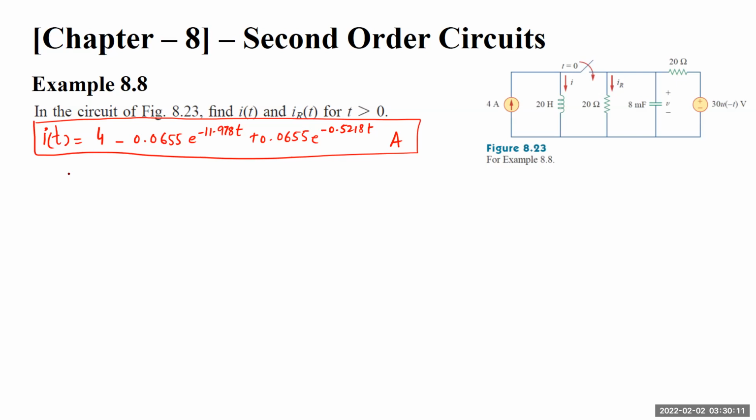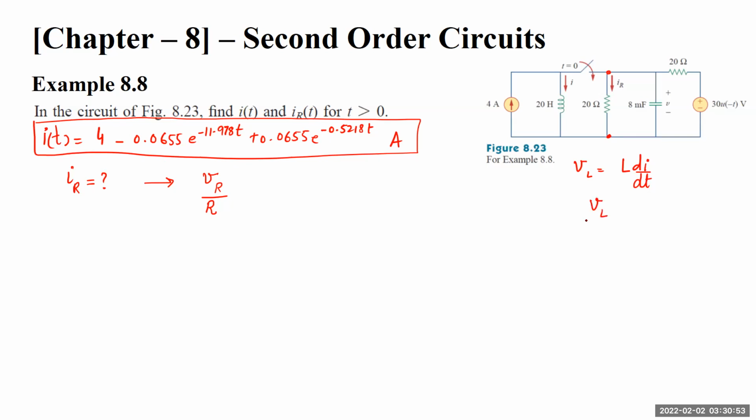Now basically I have to find out iR. For iR, I need to know the voltage across the resistor, VR, and divide this by the value of resistance. Remember, the voltage across the inductor VL is given as L times di/dt, right?